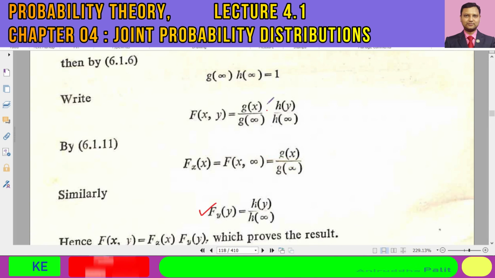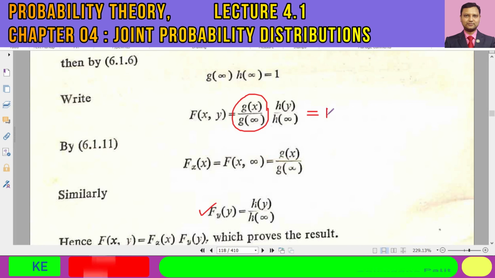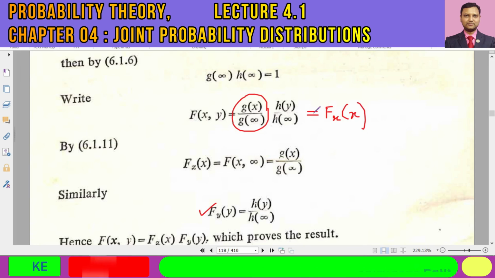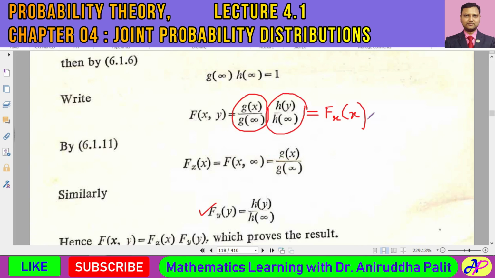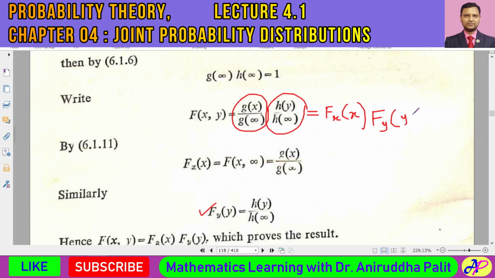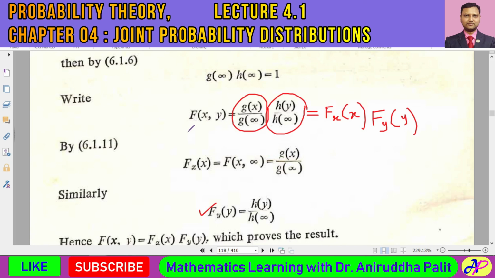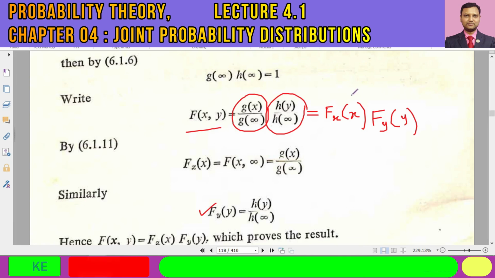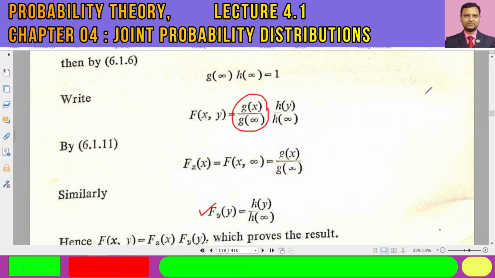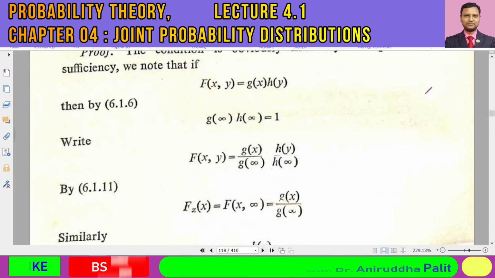So this first factor is equal to our F_X(x), and this second factor is equal to F_Y(y), and that is the definition of independence of the random variables capital X and capital Y. So the joint distribution function has been written as the product of marginal distribution functions. So we can say that in this case, capital X and capital Y are independent random variables.